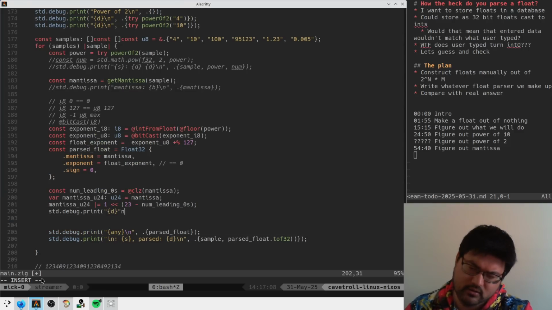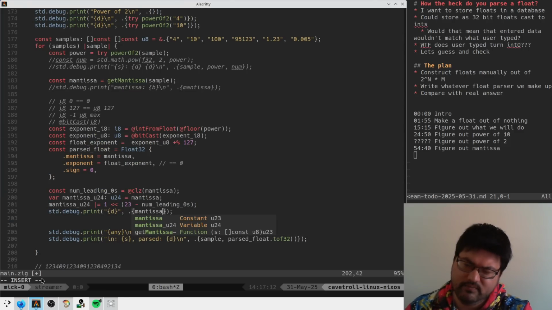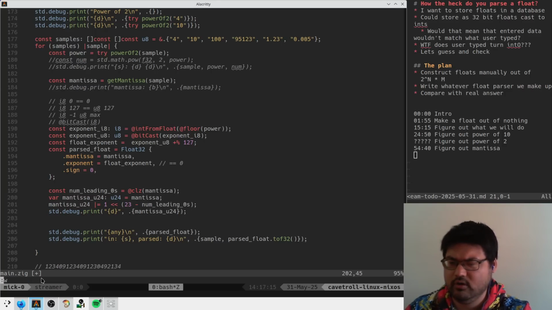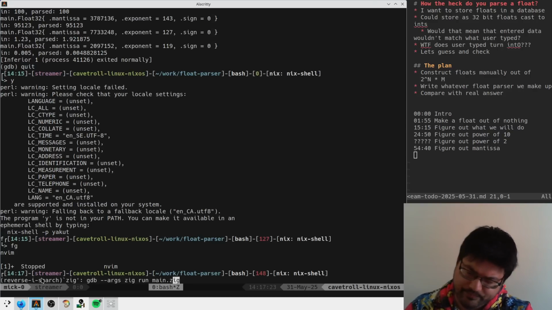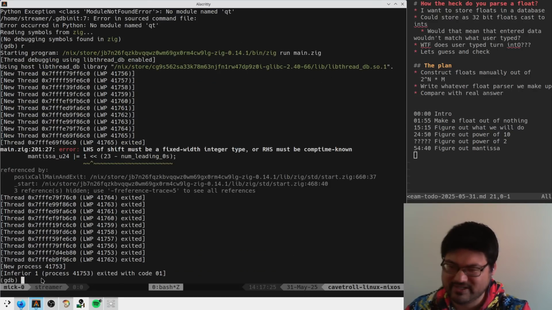So this should be mantissa U24. Does this help us in any way? Mantissa plus leading 1. Does this give us information that I want?